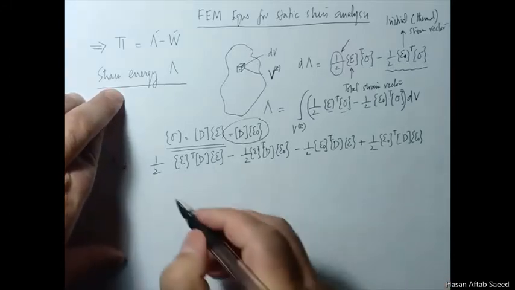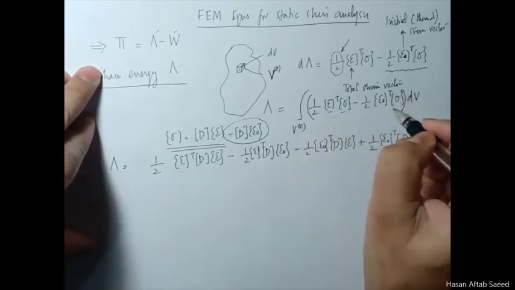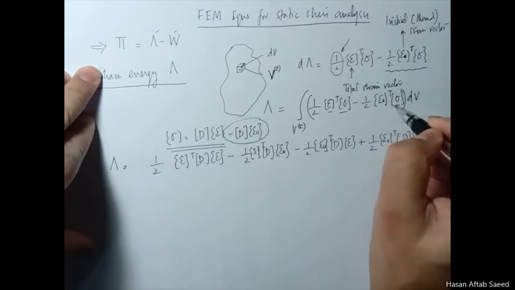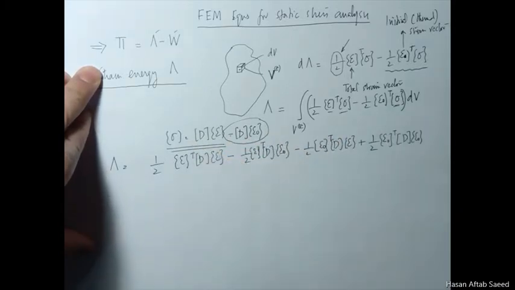Just putting in the values, replacing this sigma and this sigma by this expression. Obviously the volume integral will stay.